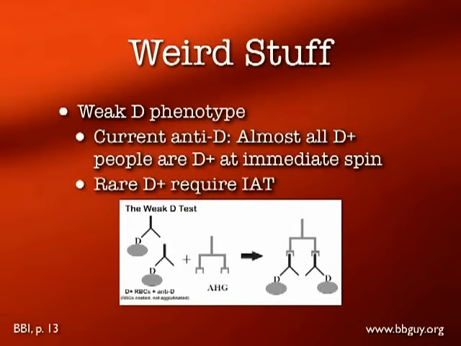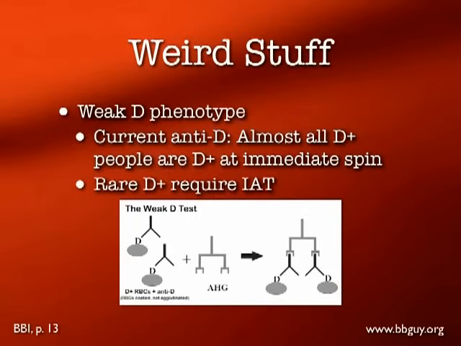So those individuals, as you see on the bottom of the screen here, can have a situation where, when you test their red cells for the presence or absence of D, you throw in anti-D, and people who are really D positive will just give you a direct agglutination. You're going to get a positive reaction. However, people who are weak D, by definition, get coating of their red cells, but not agglutination.